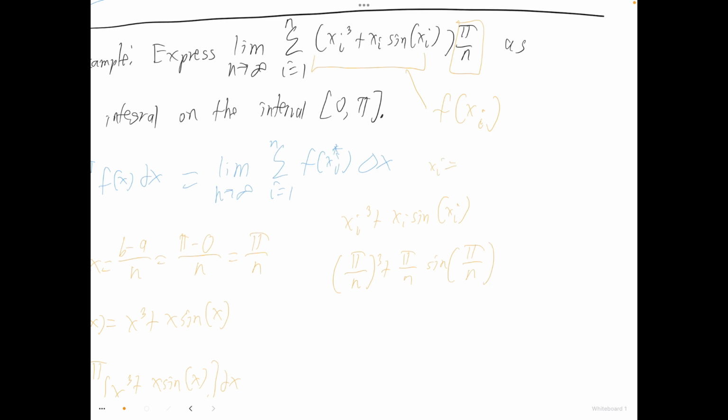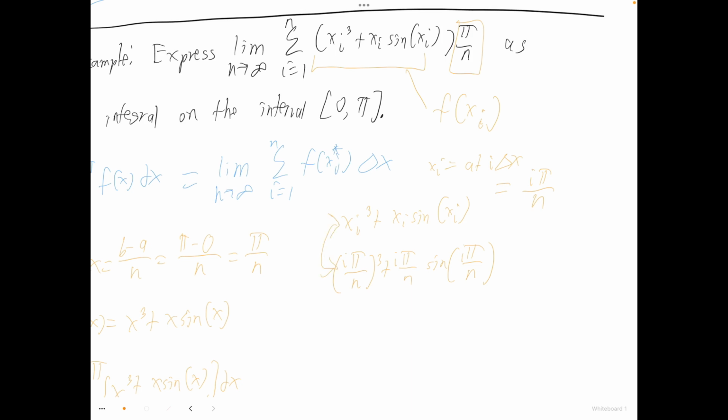Remember, x sub i is a plus i delta x, which in this case, if you plug things in, ends up being pi i over n. And so you'd have i pi over n cubed plus i pi over n sine of i pi over n. So these two things are equivalent.